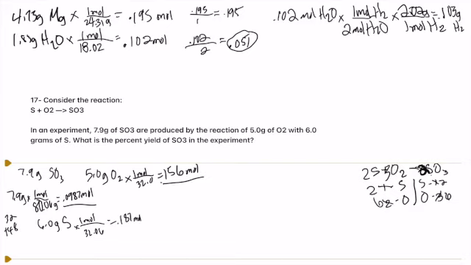So now we're going to look at our balanced equation again and divide by our mole ratio. We needed 3 moles of O2. We needed 2 moles of S. Remember, the smaller number is our limiting reactant here.